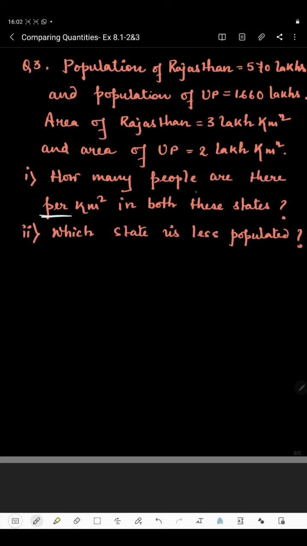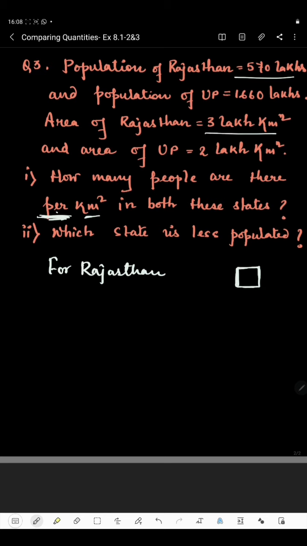Let us find the number of people for Rajasthan first. So for Rajasthan, the population is 570 lakhs and the area is 3 lakh kilometer square, and we have to find how many people are there per kilometer square. Per means in 1 kilometer square, how many people. Now 1 kilometer square means, suppose this is 1 kilometer. If you make a square, this is 1 kilometer, this is 1 kilometer, this is 1 kilometer, and this is 1 kilometer.